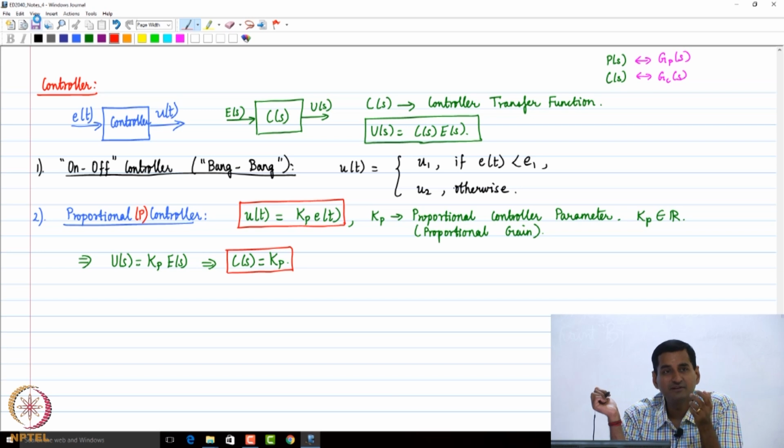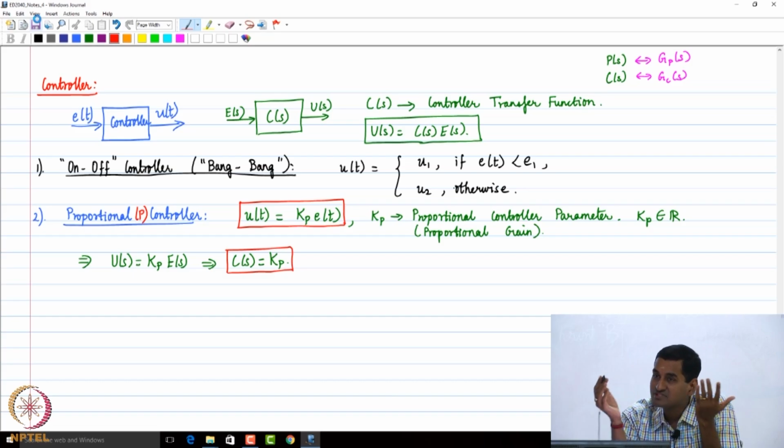But on the flip side, it so turns out that for certain classes of systems, a proportional controller alone would not be able to remove steady state errors. What do I mean by that? Suppose, once again, I take temperature control of a room. Let's say I set my desired temperature as 25 degrees Celsius.